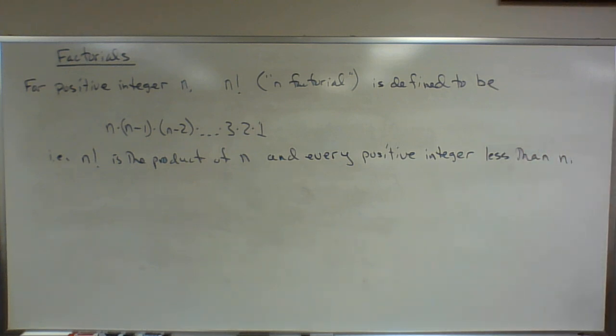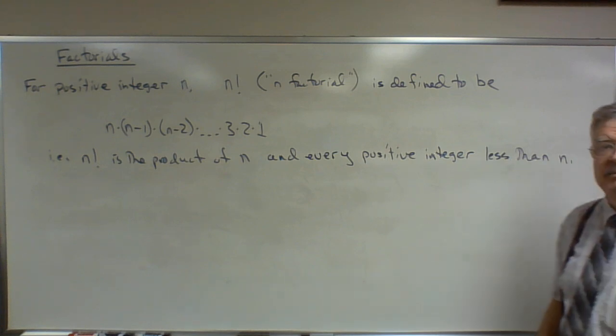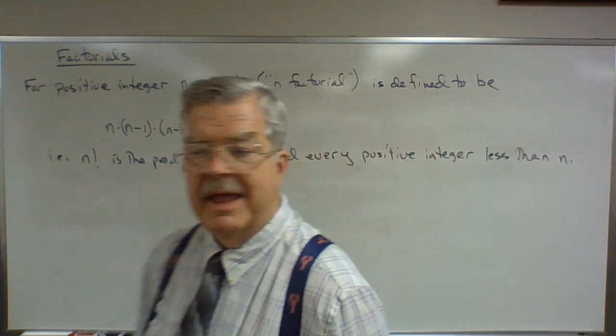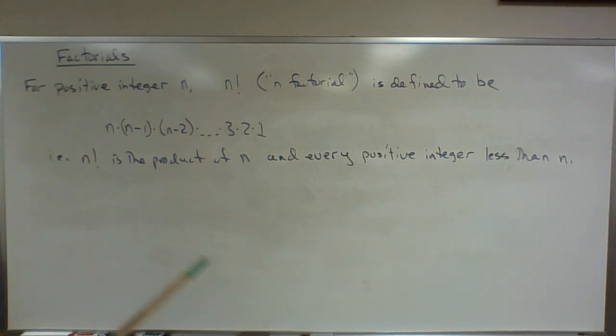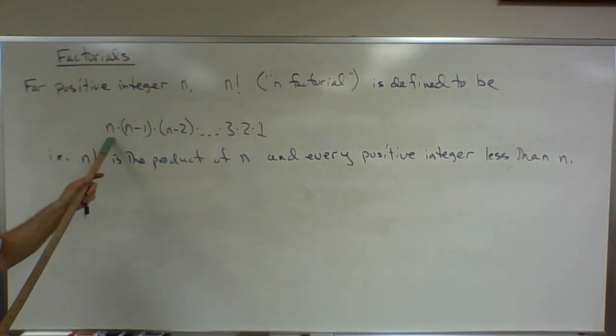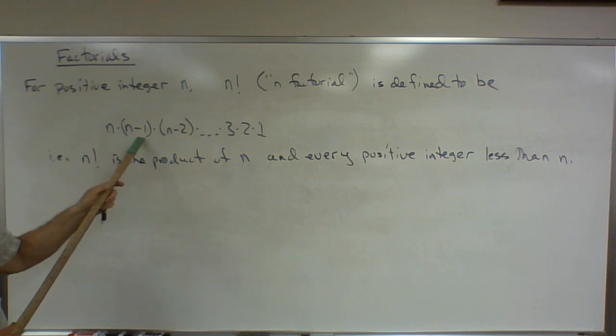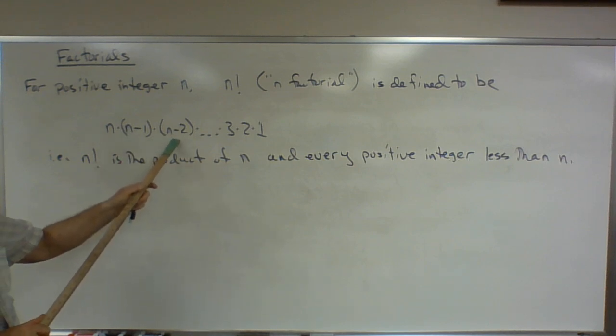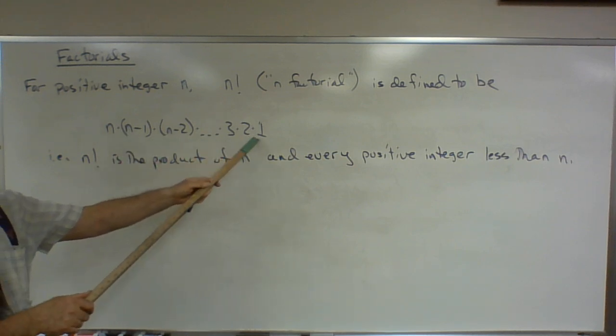This is, I think, the most intuitive way of looking at n factorial. N factorial is the product of itself times every positive integer less than n.